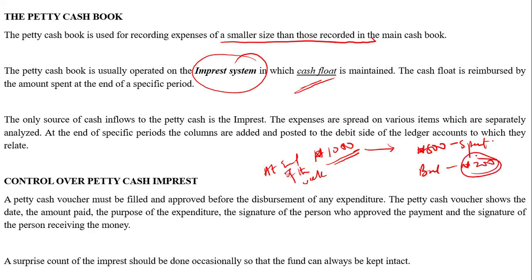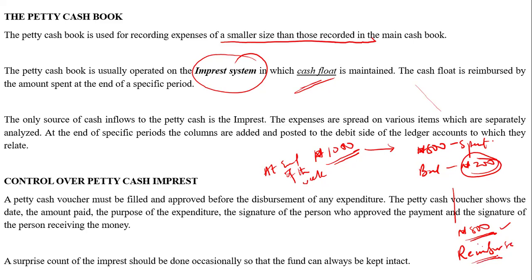Now, what the imprest system is talking about is that if you need to give him money again, the money you are going to give him must make sure it does not exceed 1,000. So if he has spent 800, just reimburse him 800. That is the imprest system. We call it reimburse because that is what he has spent.